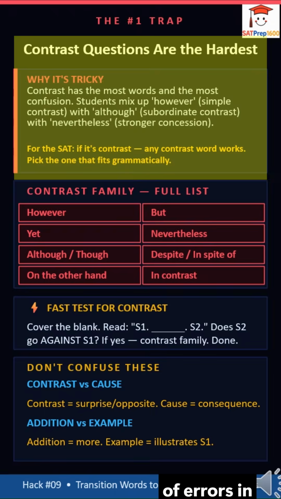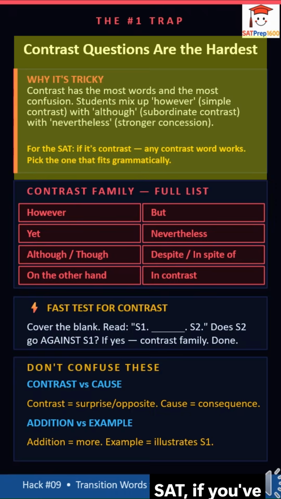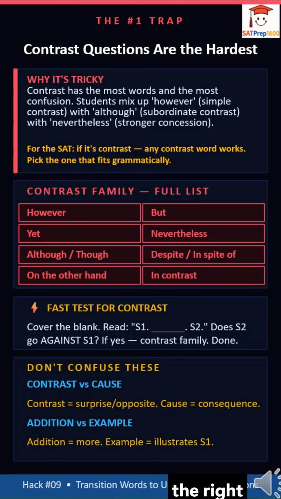Contrast is the most common source of errors in transition questions because the contrast family has the most words, and students overthink the difference between them. Here's the key. For the SAT, if you've correctly identified the relationship as contrast, any contrast word will be the right answer. The question is about the relationship, not the nuance between however and nevertheless.